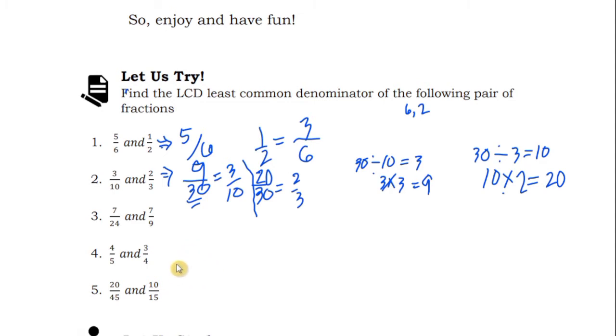In number 3, we have 7 over 24 and the other one is 7 over 9. So we have here 24, then 9.